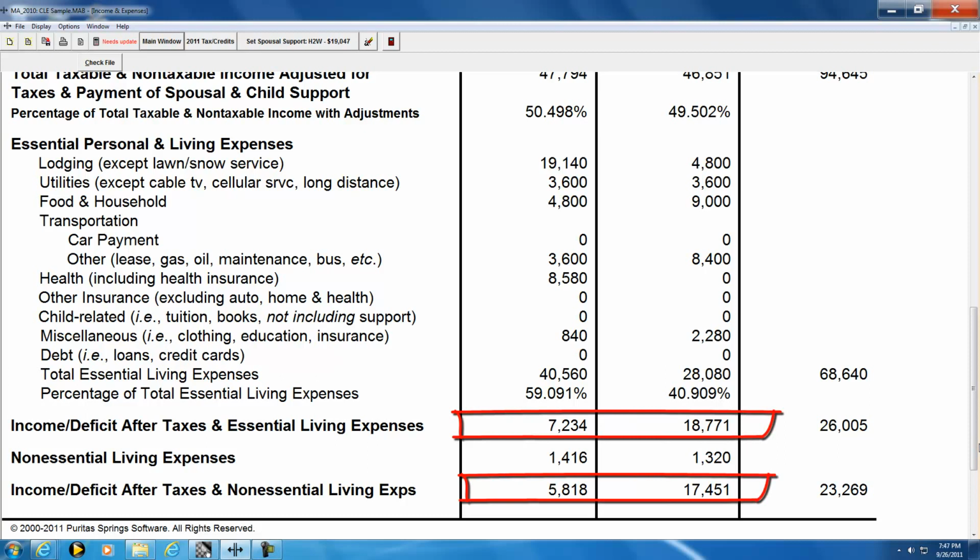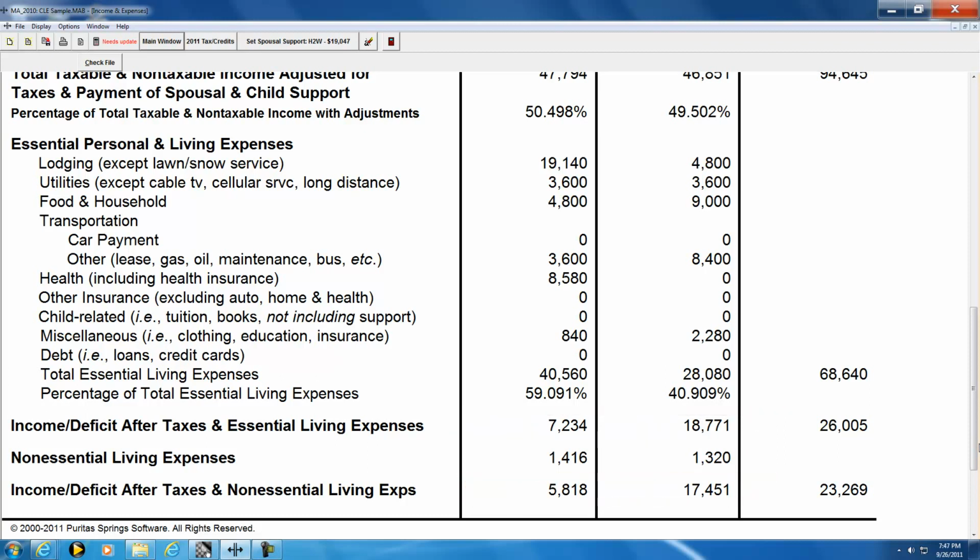If those numbers are positive, as they are here, it means that the parties have enough money to meet their expenses. If the numbers are negative, it means they do not, and that's a flag indicating that you need to carefully examine the expenses you've entered and to be familiar with the cases that we've covered on that subject so that you can try to fit your case into that framework.